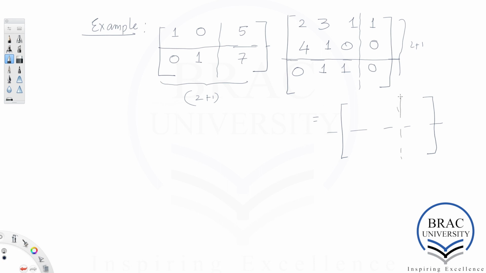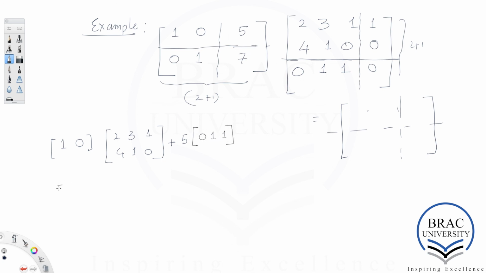Let's see what we get for the first one here. 1 0 gets multiplied with this 2 times 3 block, 2 3 1 4 1 0, and that gets added to this row vector 0 1 1.